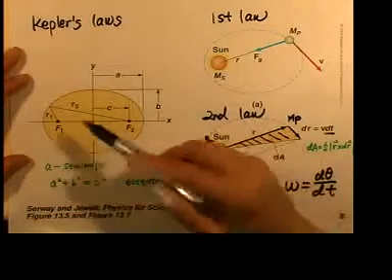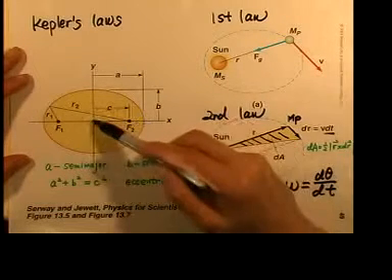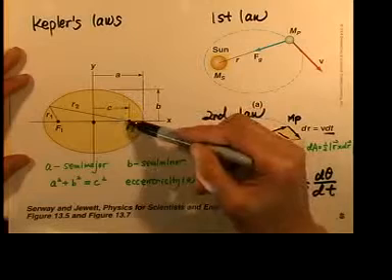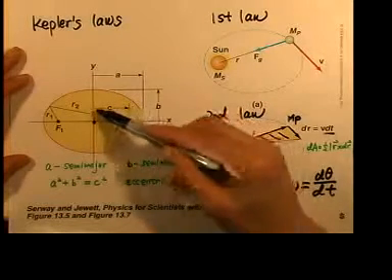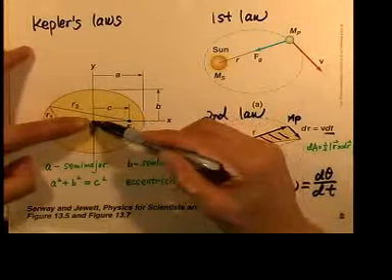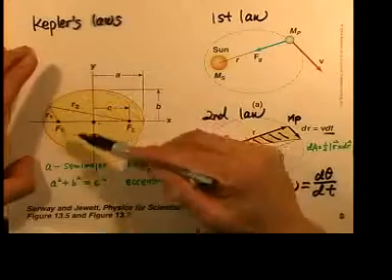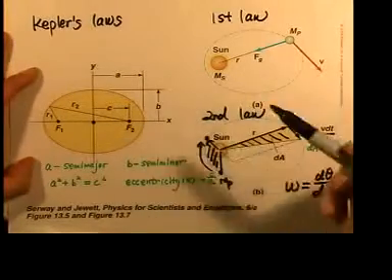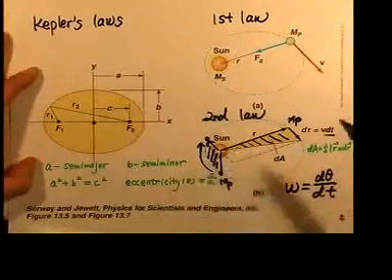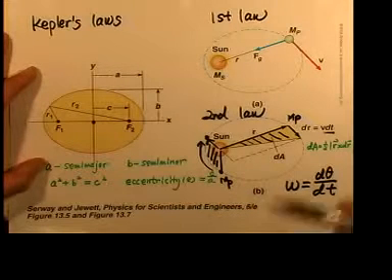Now imagine if F1 and F2 both move to the center. When F2 approaches here, isn't c equal to 0? So when the two foci go to the center of the orbit and become one, we have a circular orbit. So for a circular orbit c equals 0. Therefore, the eccentricity for a circular orbit equals 0.